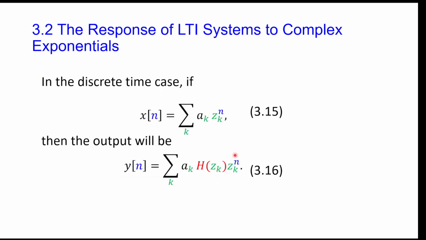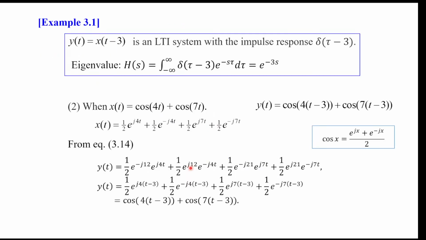And the discrete case is similar. If your input is a linear combination of those z_k, then the output will be the same combination of those z_k multiplied by H of z_k.